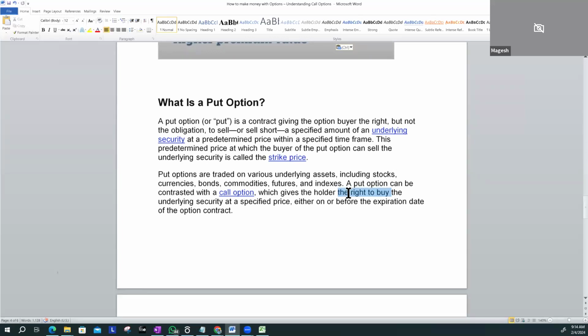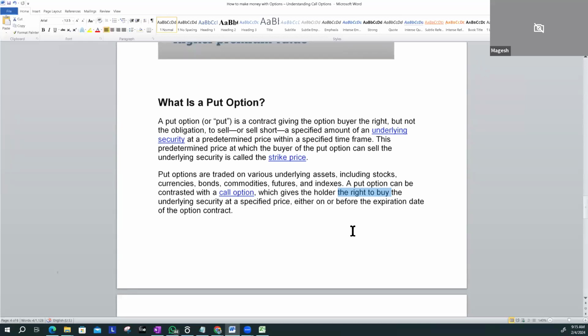You pay a premium. Just to give an example, Apple is 180, and you feel that after the results, it is going to go up. So you buy the 190 call with the same $5 premium. Stock price is 180 and you buy the 190 strike with $5 premium.